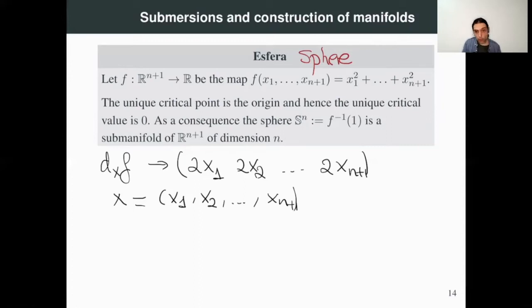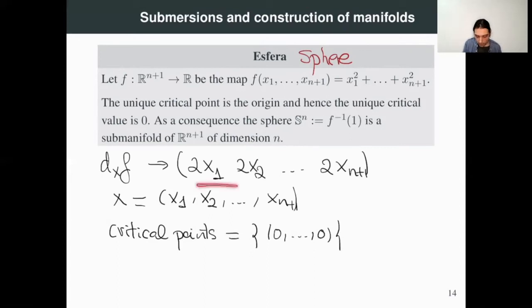So what we get in this way is that the set of critical points consists only of the origin, because this is the unique case in which this matrix is the 0 matrix, and in that case the differential is not surjective. But there is no other critical point.